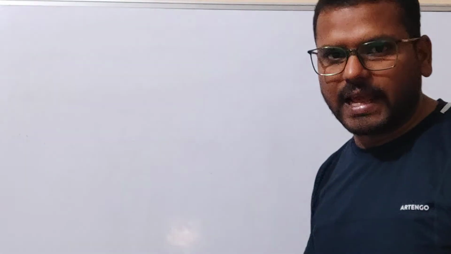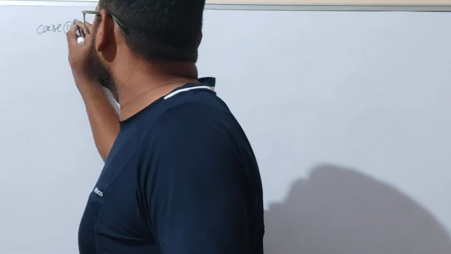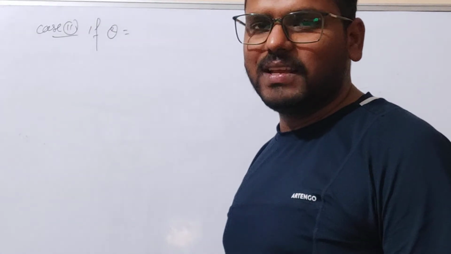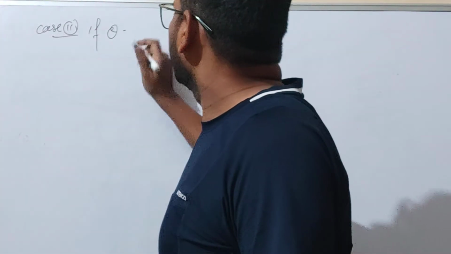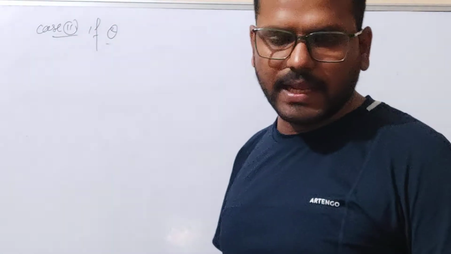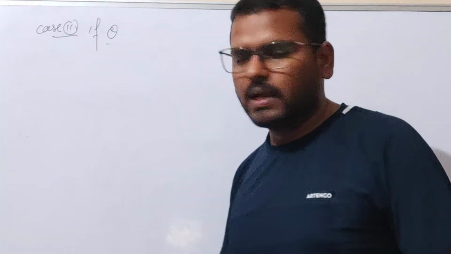So the next part I am going to discuss is if the charged particle is thrown in a magnetic field at some other angle. That is case 3, if theta is other than 0 degree, 90 degree or 180 degree, meaning we are throwing the object at some different angle.